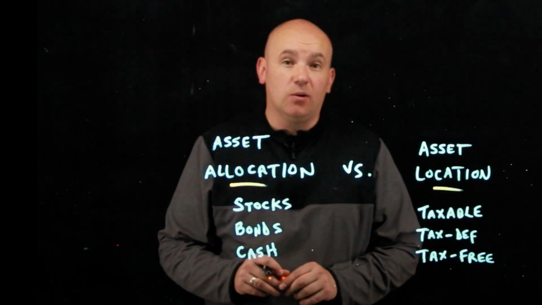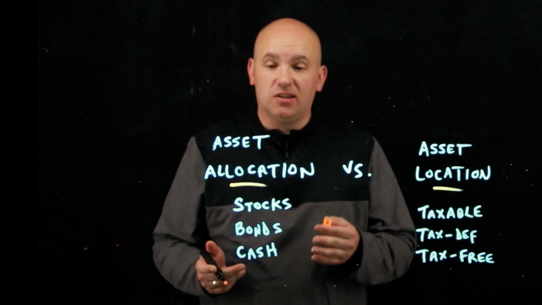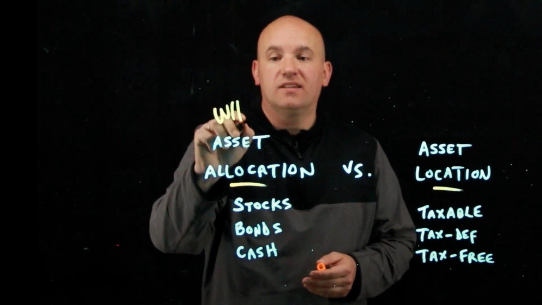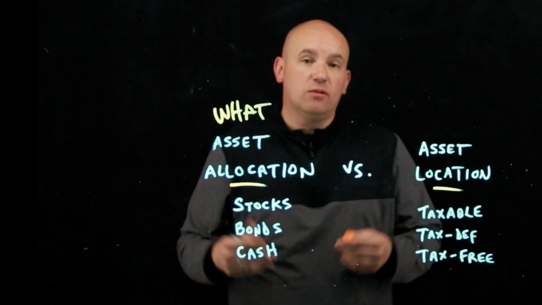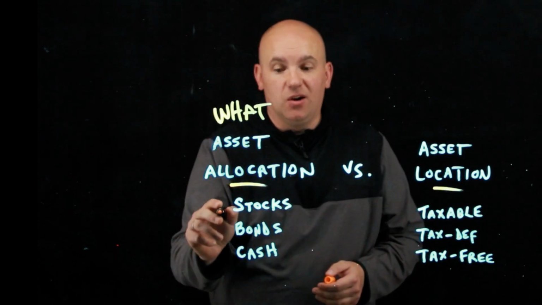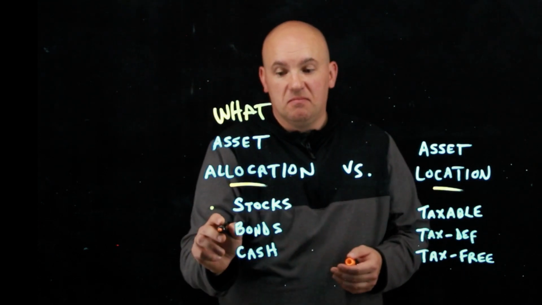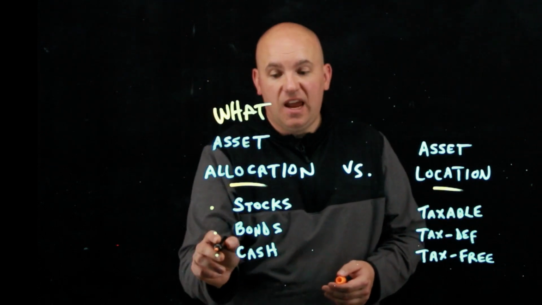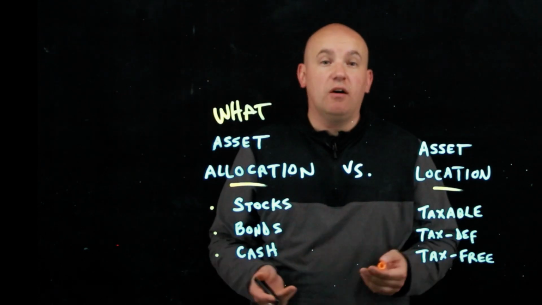First, asset allocation. What comes to mind when I hear that term is the word what. What in relation to what investments am I going to hold? Am I going to hold stocks, bonds, cash, or some combination of all of those?